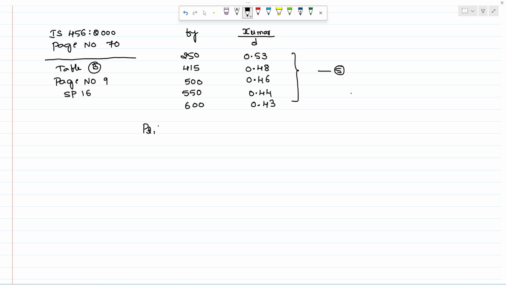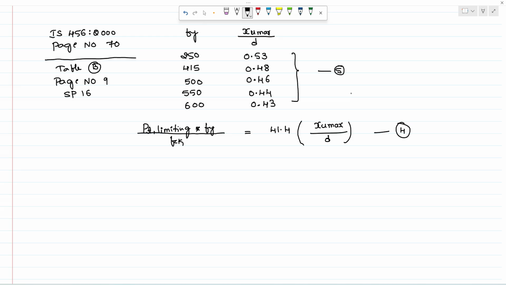It is limiting percentage of steel multiplied by grade of steel Fy divided by grade of concrete FCK equals 41.4 into XU max divided by D. So this is your equation number 4.